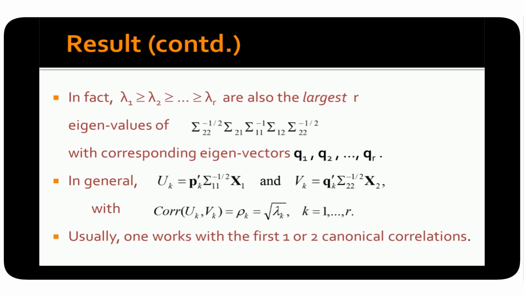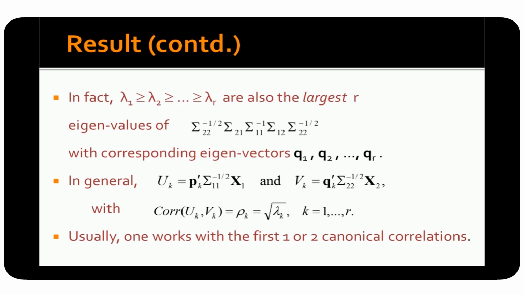In general, the kth pair of canonical variables will be given by uk, which is pk prime sigma 1 1 to the power minus half x1, and vk equal to qk prime sigma 2 2 to the power minus half x2. And this would give us the correlation between uk and vk as square root of lambda k.